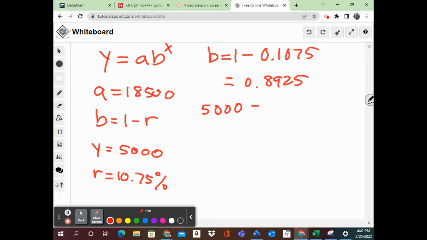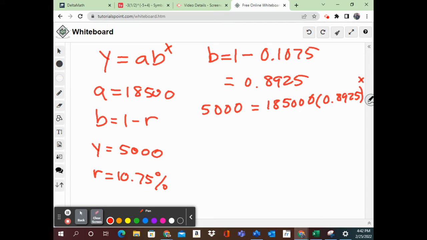So our Y is 5,000, so we're going to set up a problem now. We have 5,000 is equal to our A, which is 18,500, and we have 0.8925 to the X. And so now anytime you have an X raised to the X, you know we want to solve for that X. The only way to get that exponent out is we're going to end up taking the log of that function, right?